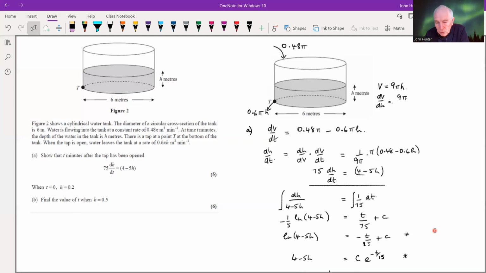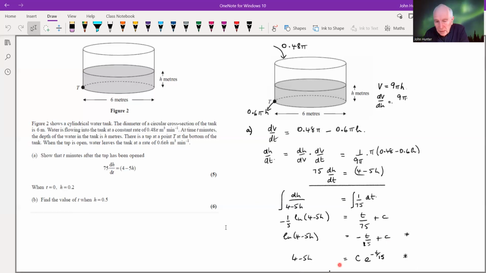So we can process this now, multiply both sides by minus 5. That's going to give us this on the right. This c is a different c to that, because it's the first c times minus 5, but it's still a constant, so I'm still going to call it c.